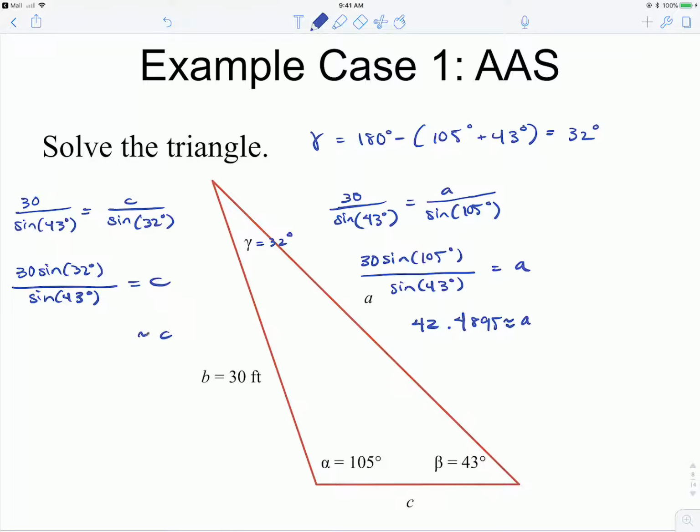So side c will be approximately 23.3103. Double check I typed that in there correctly.